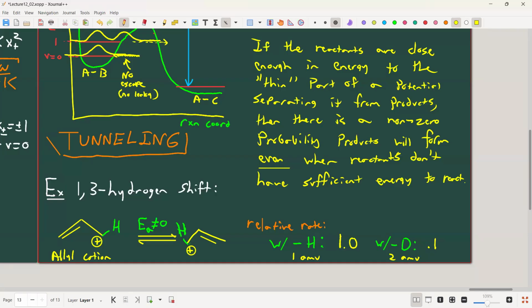What is changing? If you think about this system as due to vibrations, you have some vibration of the CH. This H is probably vibrating like this. The primary vibration for that hydrogen is a stretch. And so the motion of this hydrogen as it moves around maybe has to do with this stretching motion.